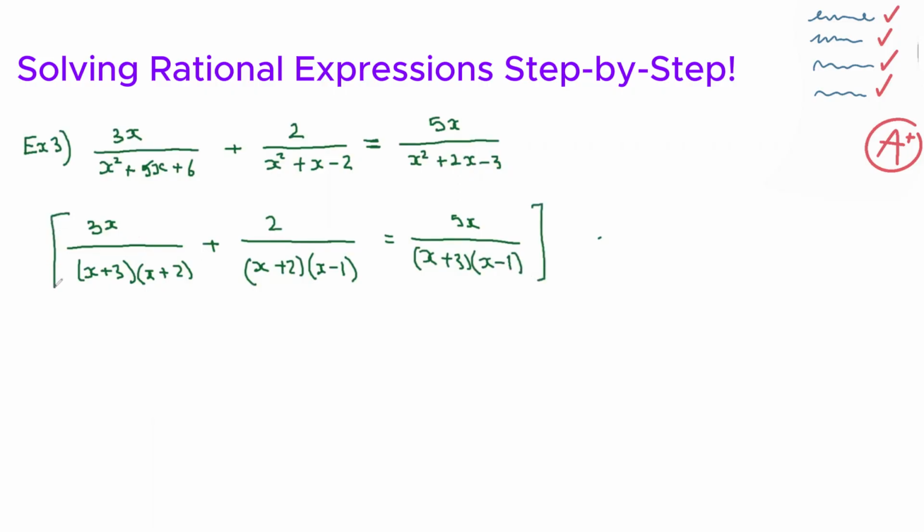What I do, I always like to get rid of the fractions right away. So I multiply everything by the lowest common denominator. And here it is going to be (x + 3)(x + 2)(x - 1).